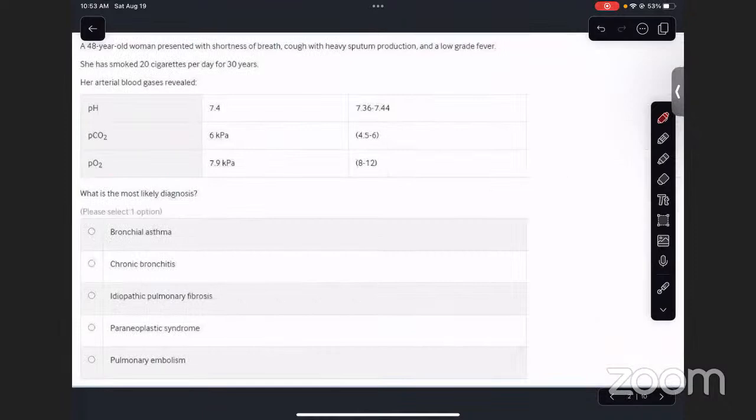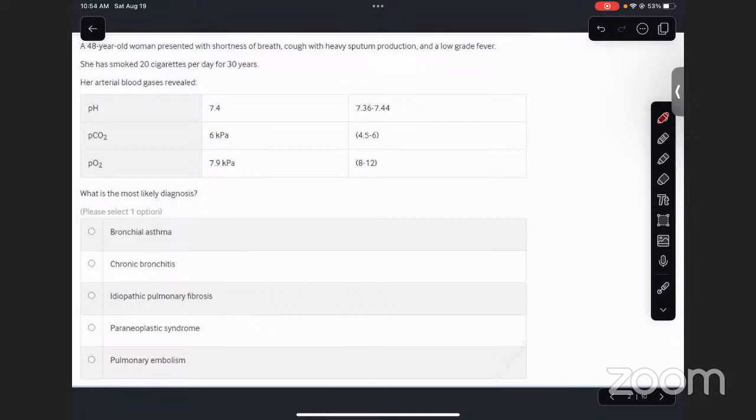And here's another question. A 40 year old female presented with shortness of breath, cough, heavy sputum production, and a low grade fever. The question is likely pneumonia. Okay. She has smoked 20 cigarettes per day for 30 years, and the arterial blood gas shows pH normal, PaCO2 raised, and PaO2 reduced.